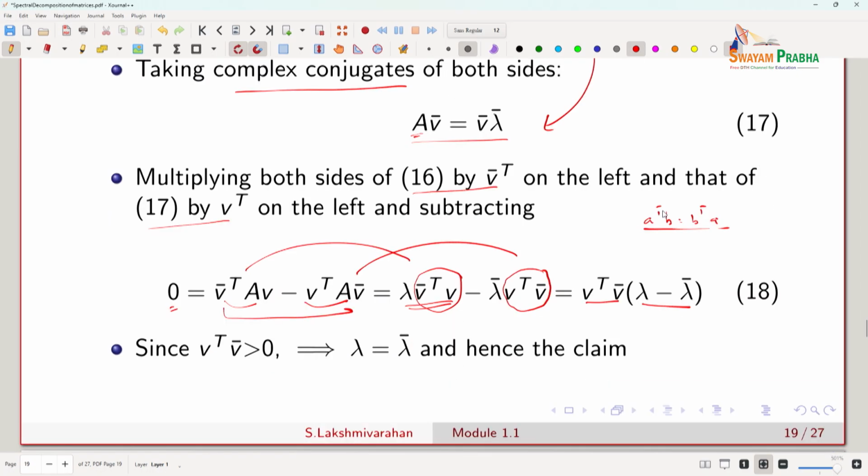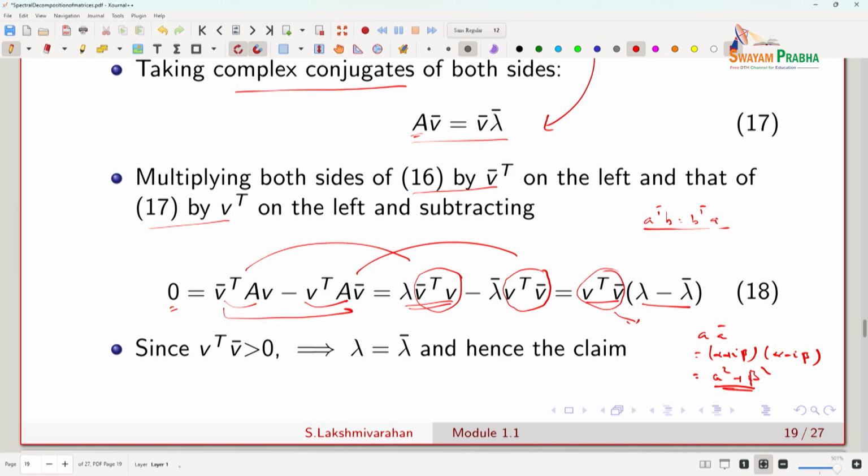Therefore, the common value times lambda minus lambda bar is 0. Now, v transpose v bar is a real number. Why is it a real number? If a is equal to alpha plus i beta, then a bar is equal to alpha minus i beta, and the product is alpha square plus beta square. You already know.